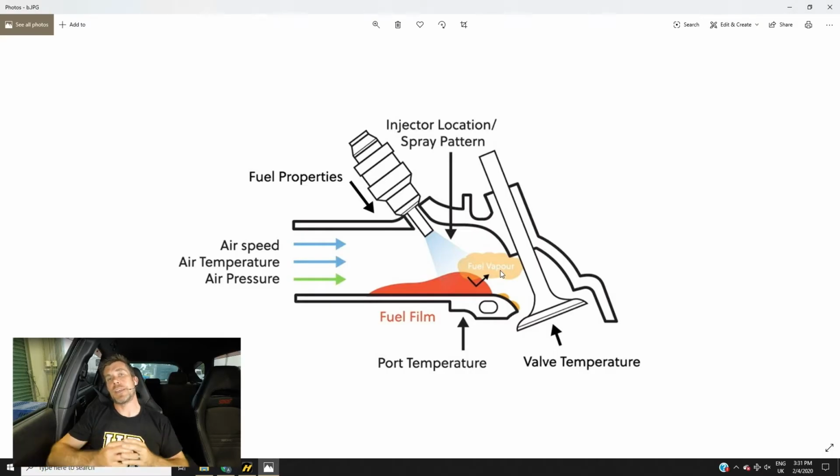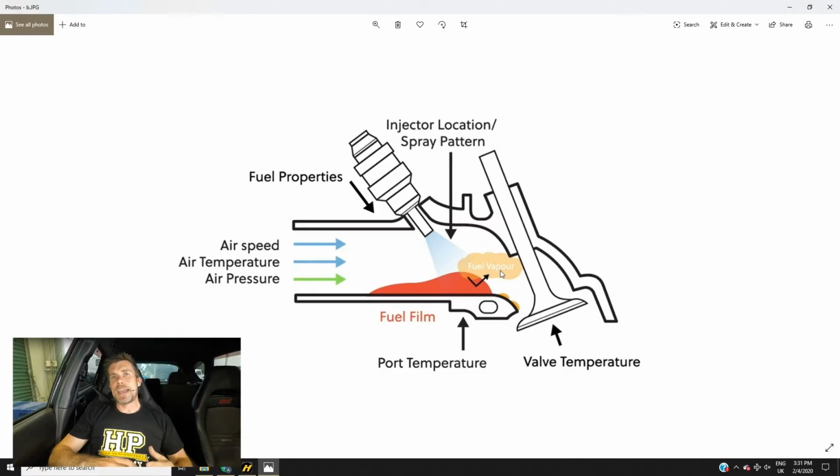Now what's happening is that the size of that puddle or fuel film on the port wall is going to decrease, and in order for it to decrease, it doesn't need to be topped up by the injector. So now we get an excess of fuel entering the cylinder. Some of the fuel is still vaporizing off our fuel puddle or fuel film and entering the cylinder, but now because the fuel from the injector isn't necessary to top up that fuel film, we're also getting additional fuel from the injector going into the cylinder, and that ends up with our engine running rich. So that's the sort of situation that we're likely to see.